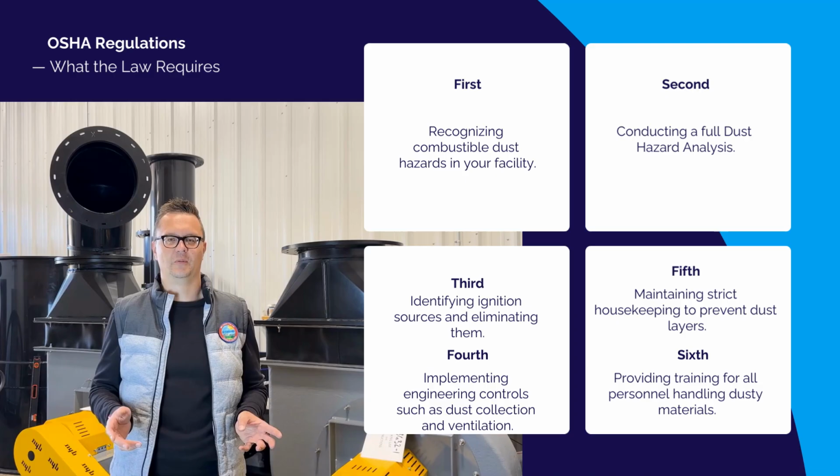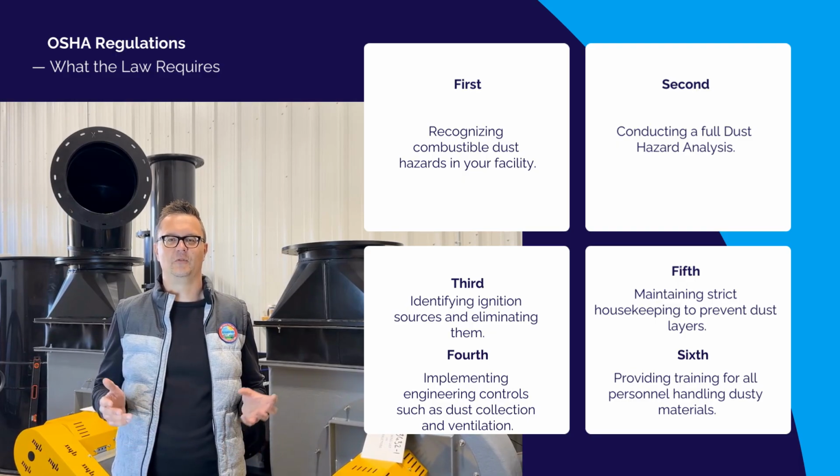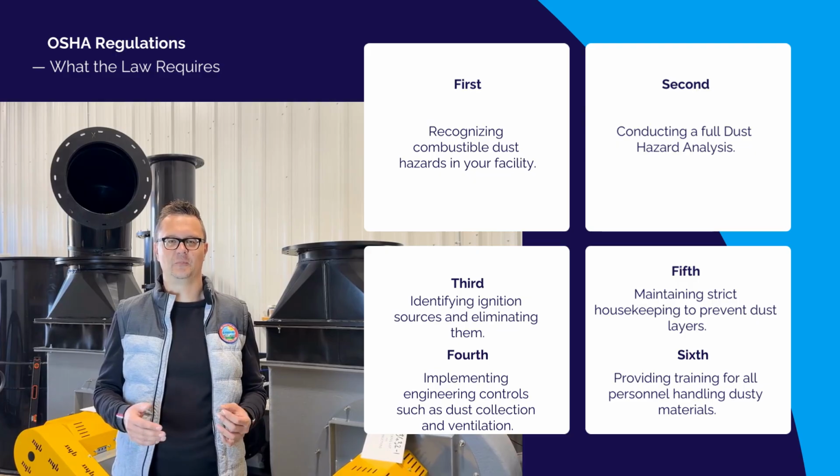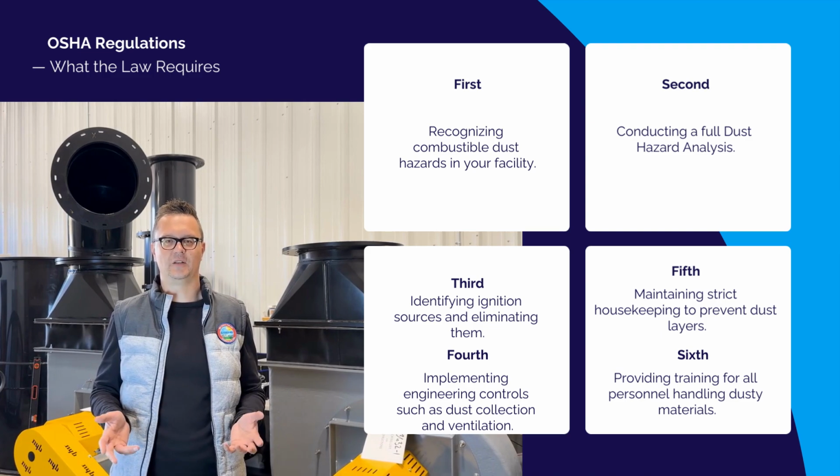Fourth, implementing engineering controls such as dust collection and ventilation. Fifth, maintaining strict housekeeping to prevent dust layers. Sixth, providing training for all personnel handling dusty materials. OSHA does not give a single combustible dust standard, but enforces combustible dust hazards through multiple existing regulations, including the General Duty Clause. Following OSHA guidance keeps employees safe, prevents fines, and aligns with all NFPA codes.